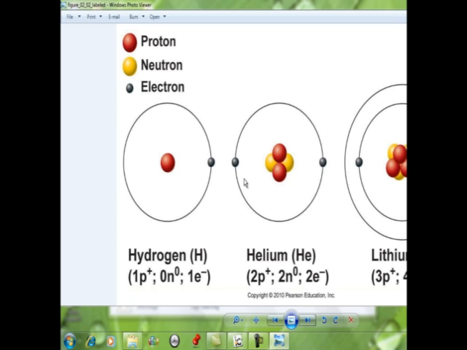And those 2 electrons that he happens to have, how'd you know he had 2 electrons? Yeah, because it was up here on the board. But how do you know it from the periodic table? What number? The atomic number, which is right above the symbol, tells us, wait a minute, didn't she say it told us the number of protons something had?